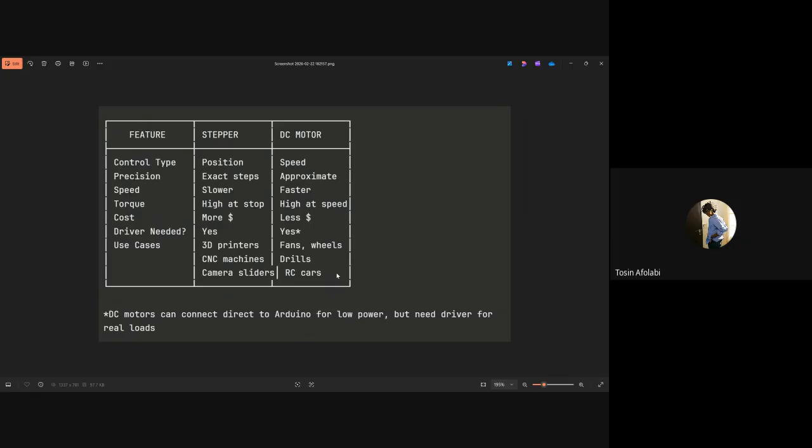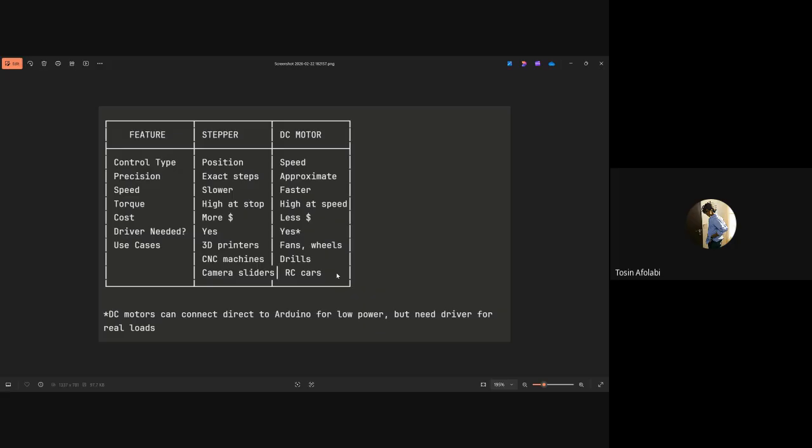DC motors are very fast, thousands of RPM, that's revolutions per minute, while stepper motors are slower, typically 500 to 1,000 RPM maximum. But steppers can hold position even when stopped.